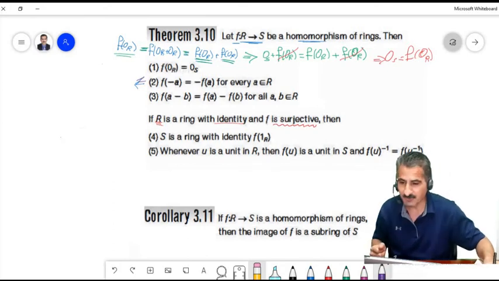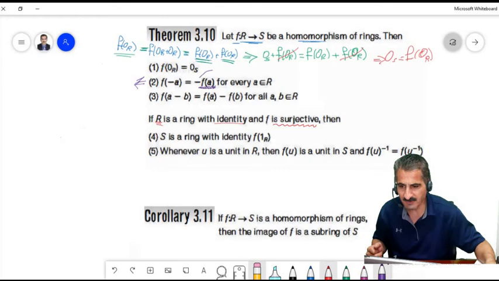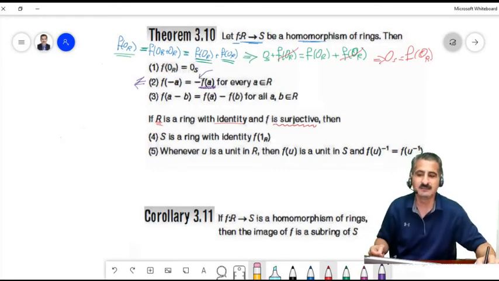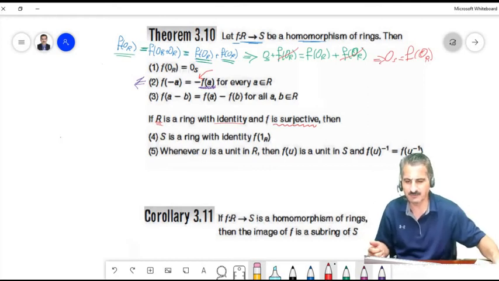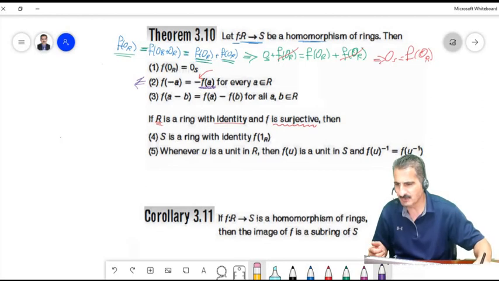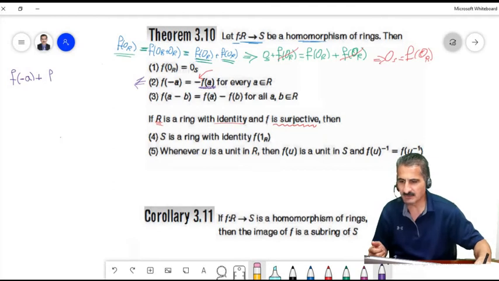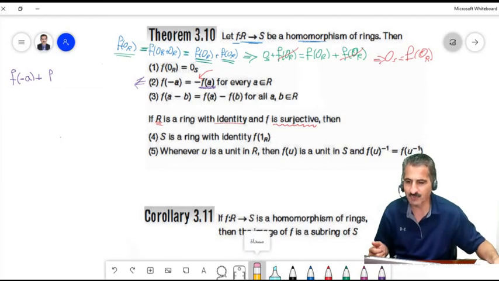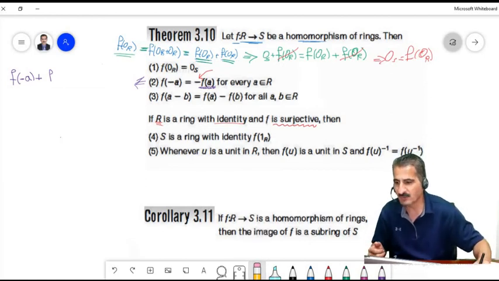I want to show that, look at it, the additive inverse of f of a is f of negative a. Let me say it that way. So how do I do that?